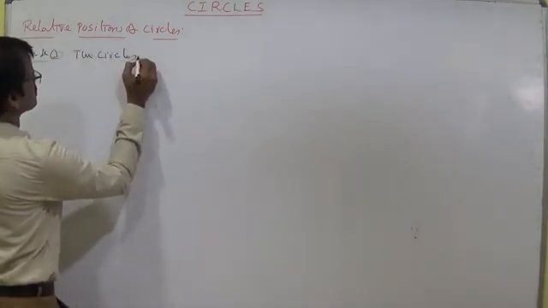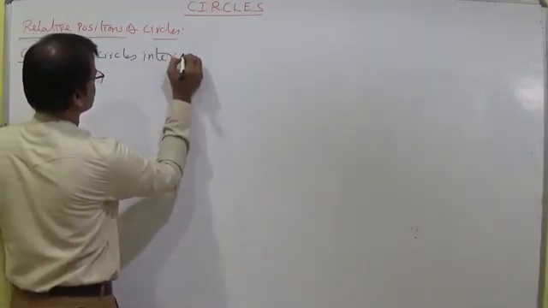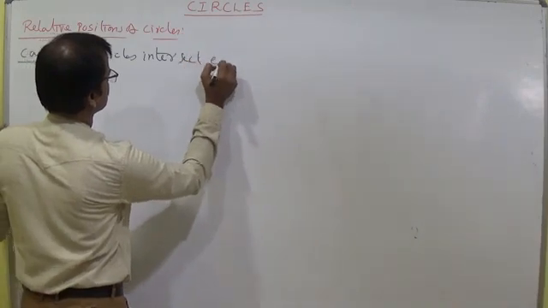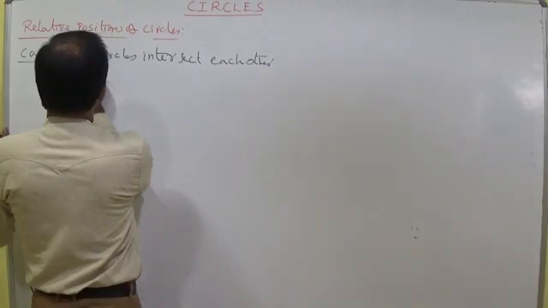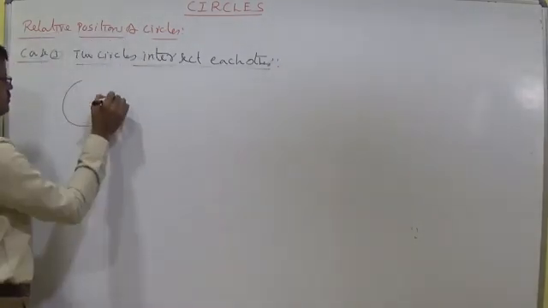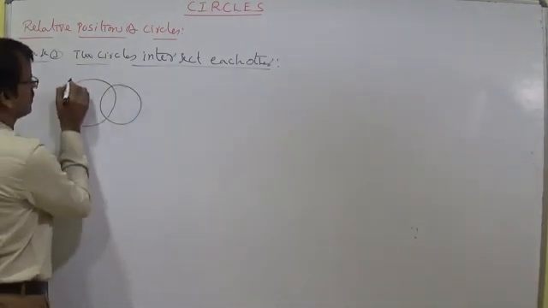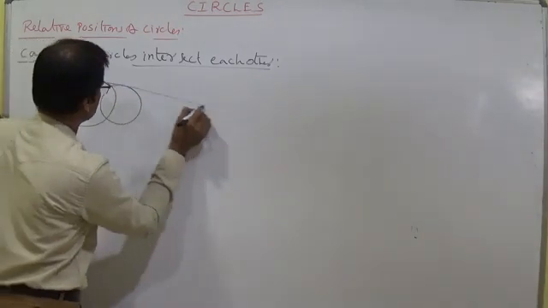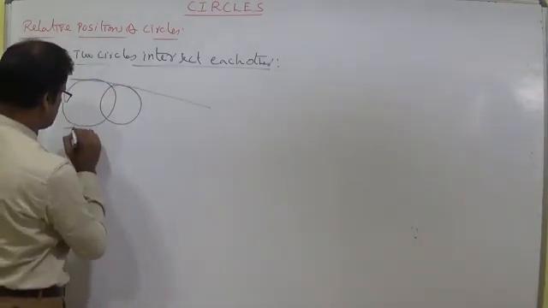Two circles intersect each other. Let us draw a diagram. Draw like this. This is a tangent.